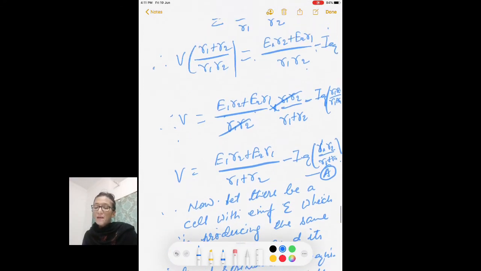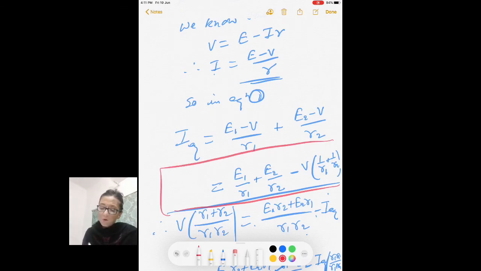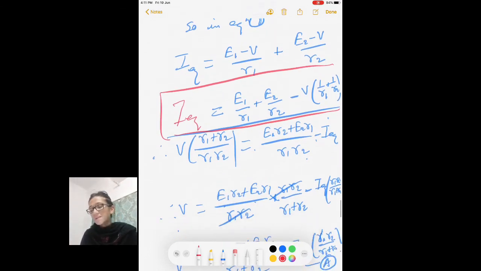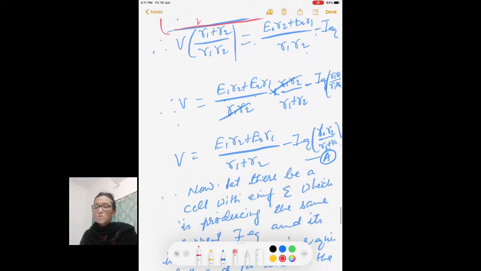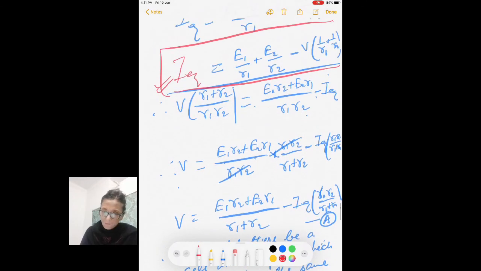Now suppose we have, by this equation, this is a very important equation, suppose we have N cells, so the equation can be obtained using this.